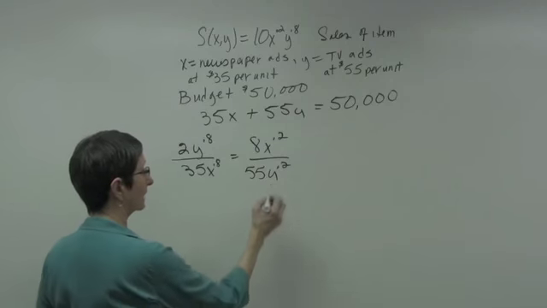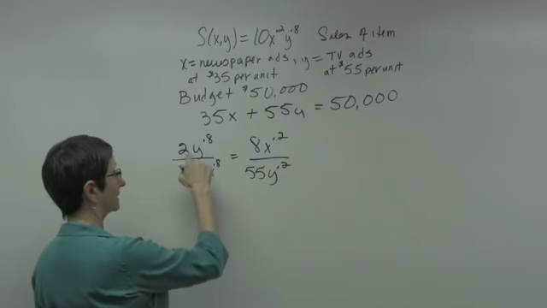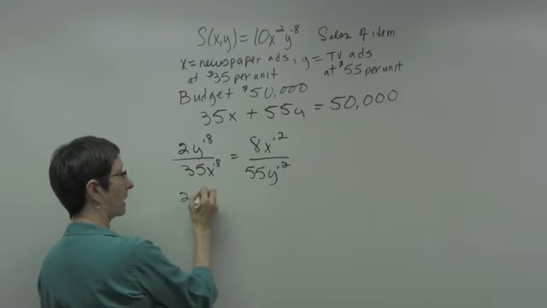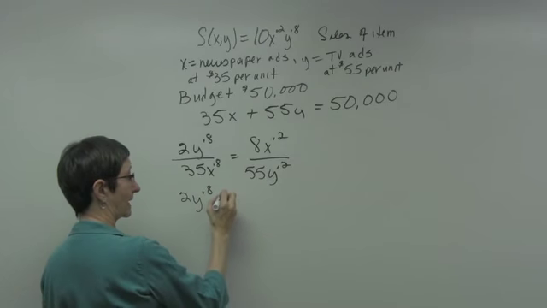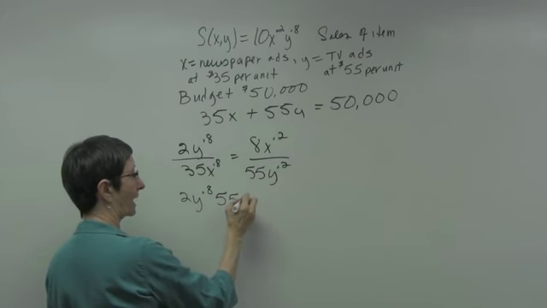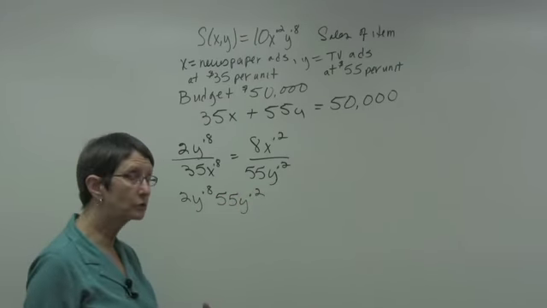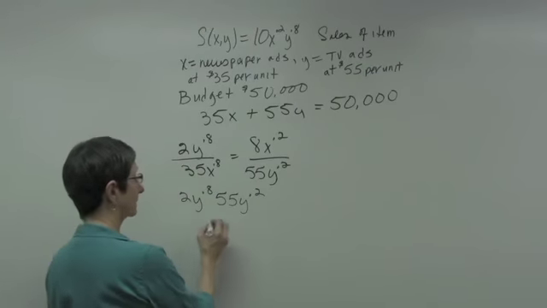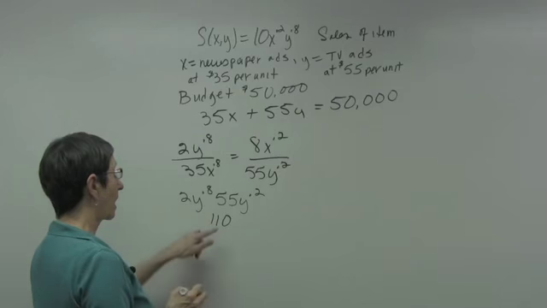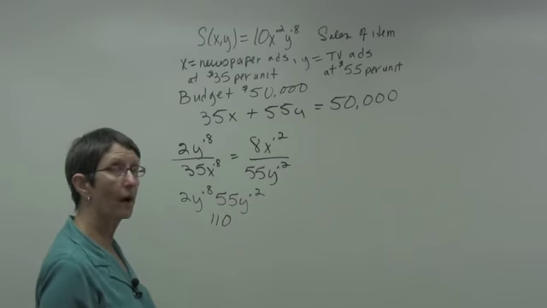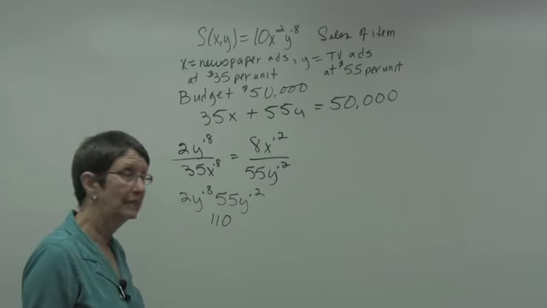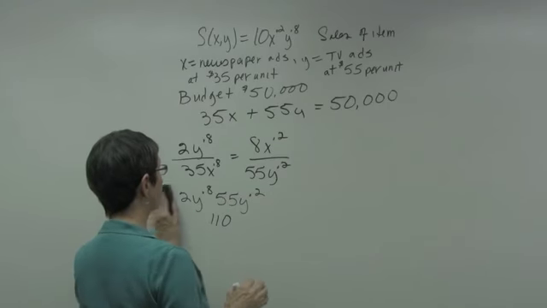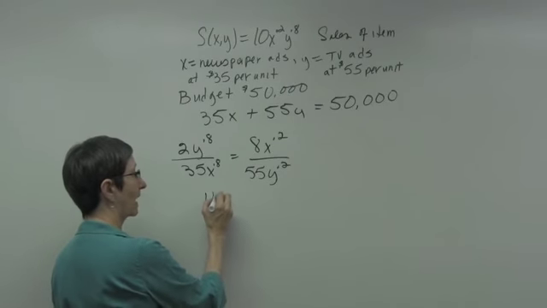Now we get to cross multiply. So I've got 2 y to the 0.8 times 55 y to the 0.2. But notice what you get here. 2 times 55 will give me 110. But I add the exponents on the y's, I get y to the first. So this side is actually 110y.